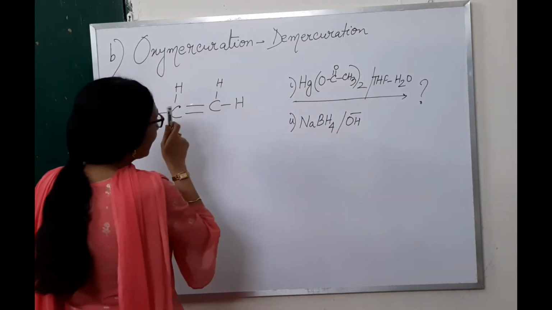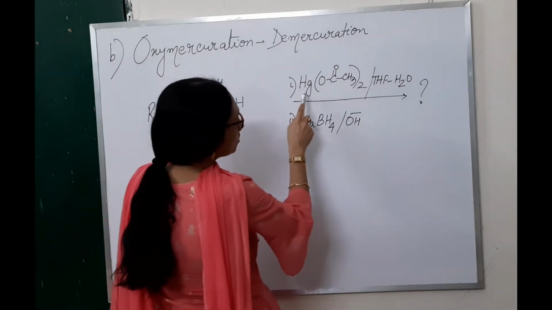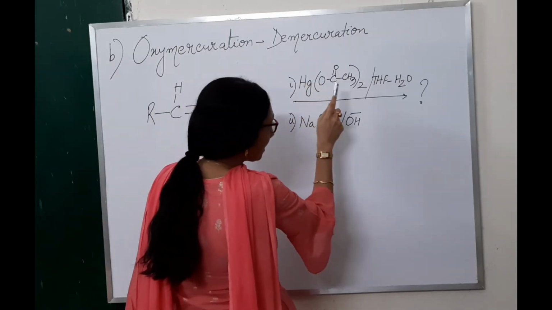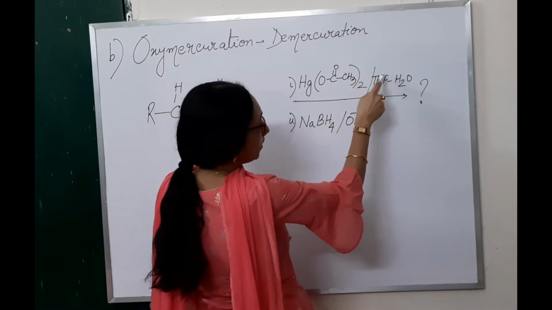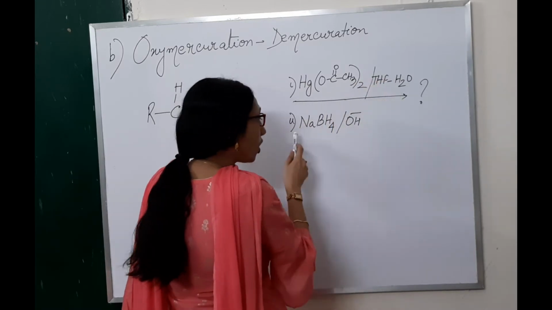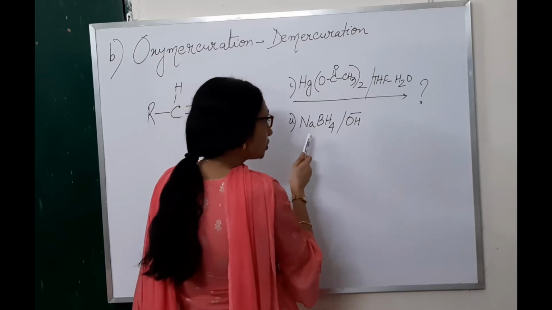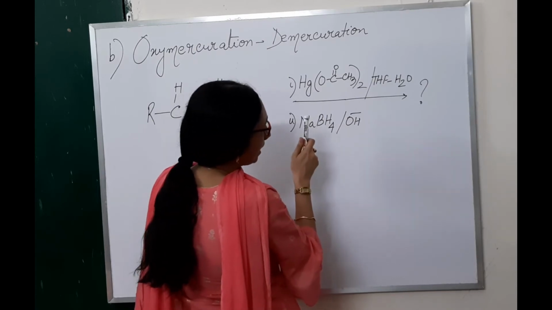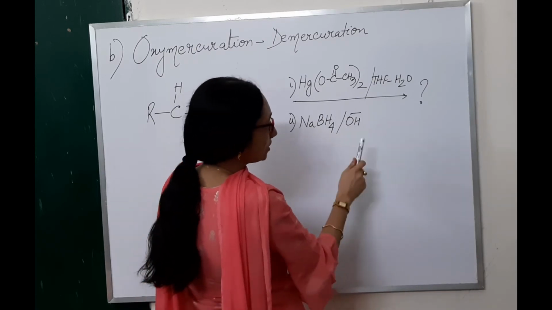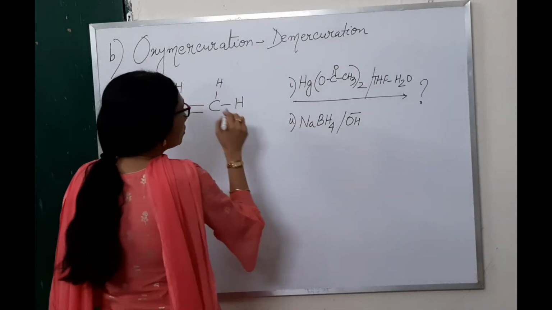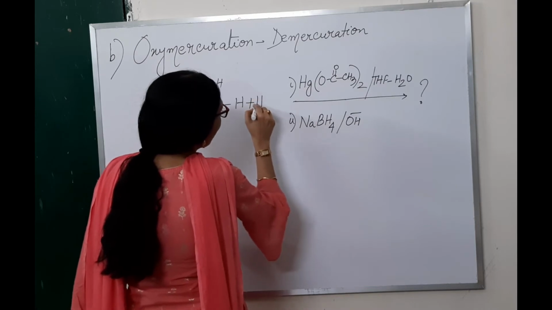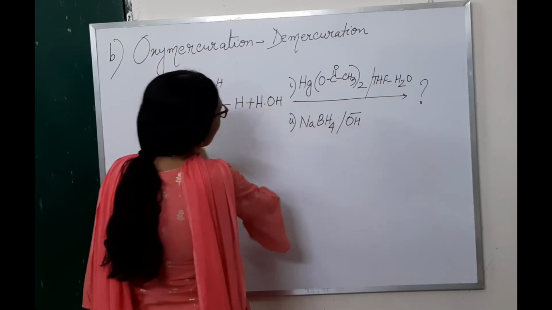So when an alkene is treated with mercuric acetate in a mixture of tetrahydrofuran and water, followed by reduction with NaBH4 in alkaline medium, what will be the product? The product will lead to simple Markovnikov's addition of water.